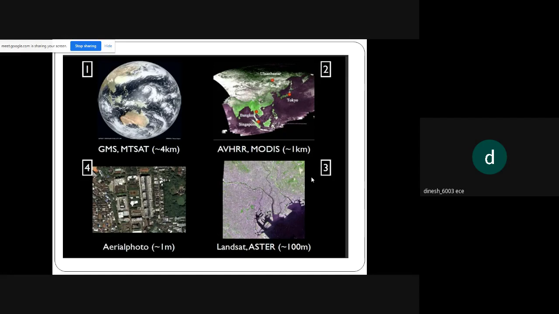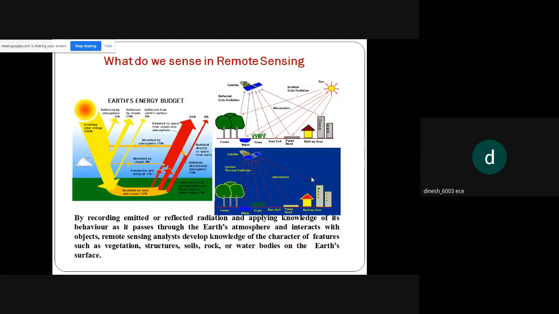In 3, you can see a Landsat ASTER photograph taken approximately 100 meters from the Earth. Photograph 4 shows an aerial photograph taken approximately 1 meter above. This is what we do in remote sensing.